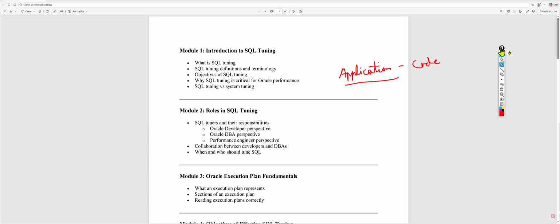If the code is written in a bad way to execute, and it takes a lot of resources, then obviously it's not optimal code. The code should be written in such a way that it does not parse multiple times, and it should be reused.